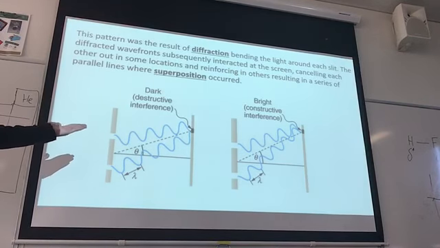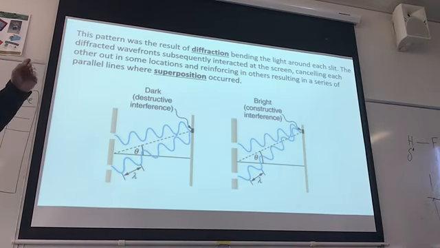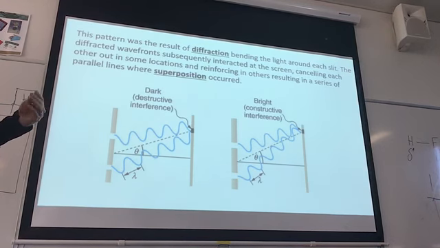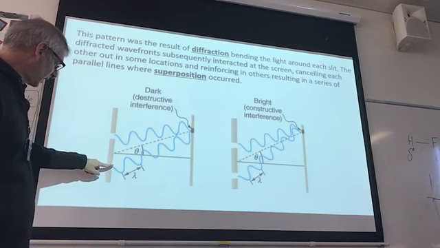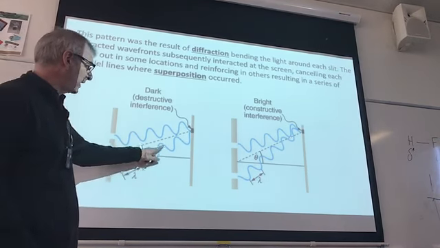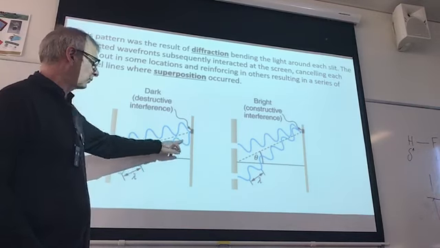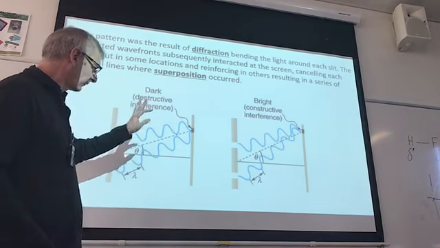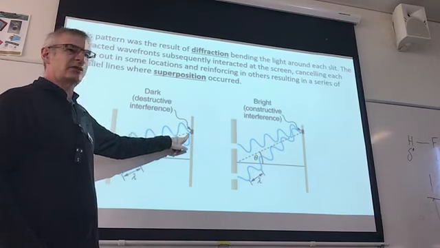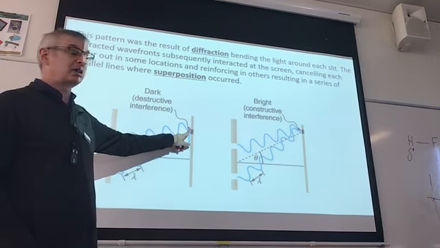So it's superposition that's occurring that produces the light and dark patches. Where we get constructive interference, we get a light patch. Where we get destructive interference, we get a dark patch. The whole idea is that when you get a light ray coming from here and a light ray coming from here, if the path that they travel is half a wavelength different, or a multiple of half a wavelength, so half, 1.5, 2.5, 3.5 wavelengths, then they will be 180 degrees out of phase and they'll destructively interfere.